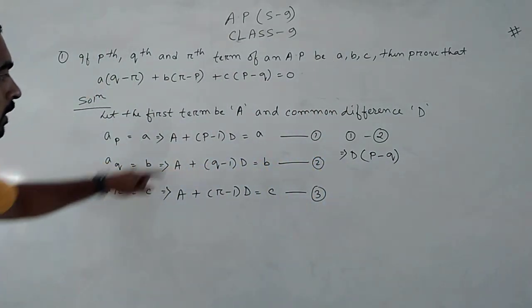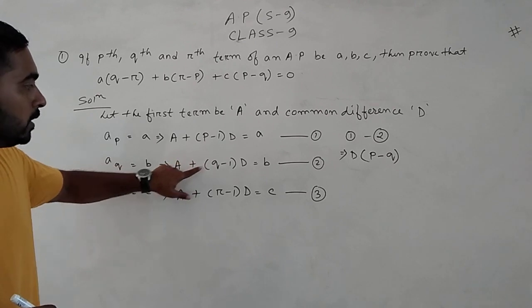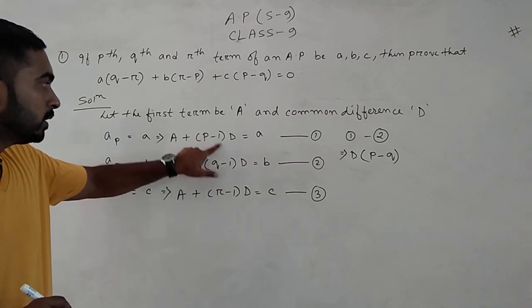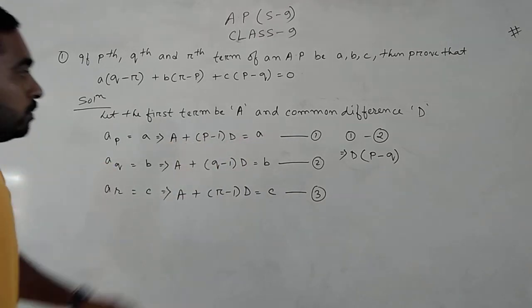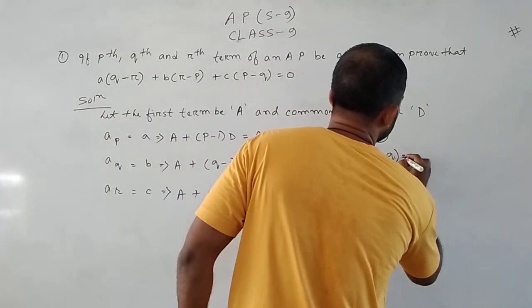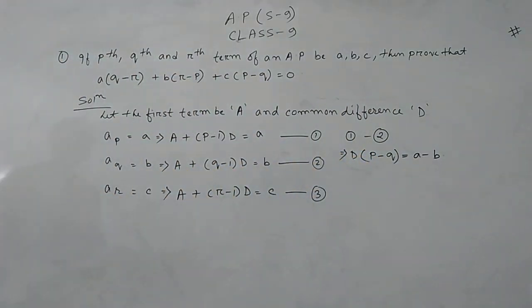Understood? Here plus 1, here minus 1, both cancel. So remaining terms p minus q equal a minus b. So 1 minus 2 equal to D into p minus q equal to a minus b.